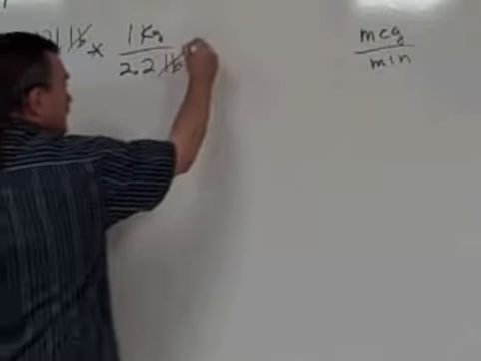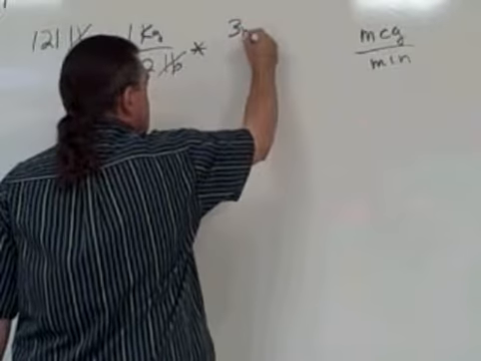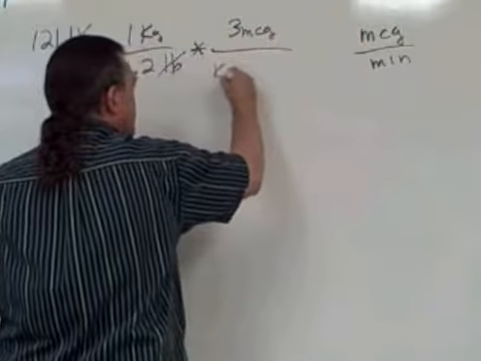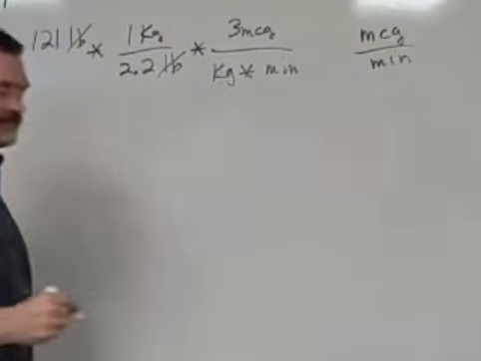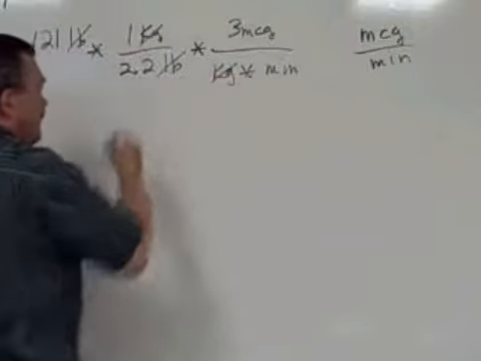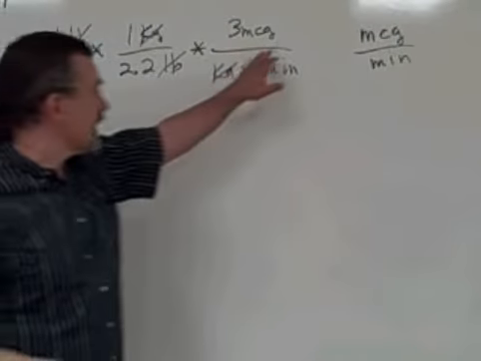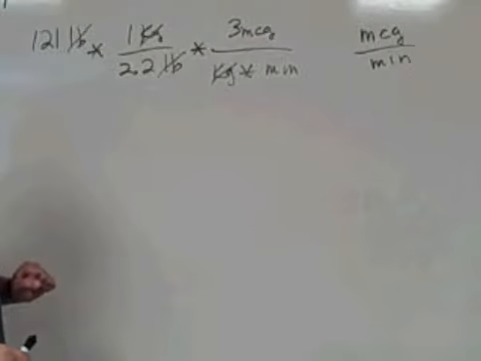Now we can put in that rate of administration, which was 3 micrograms per kilogram per minute. And the kilograms will now cancel, and we have the exact units we want, micrograms per minute. So let's see what arithmetic we can do here.